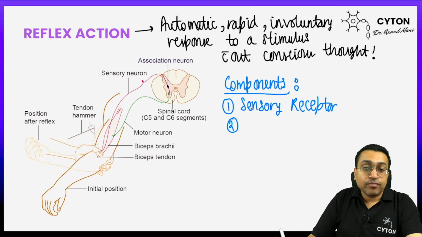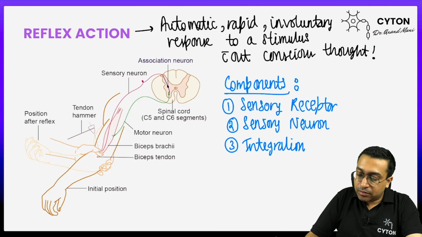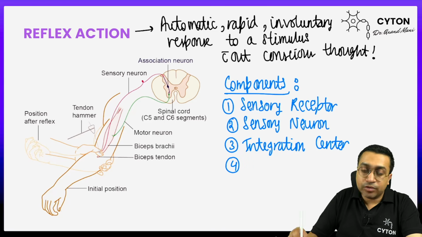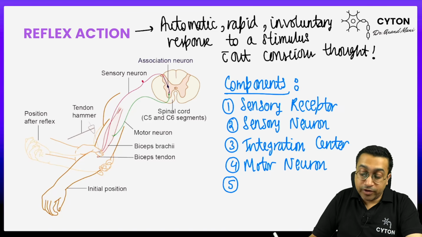Number two, we have the sensory neuron. Number three, we have the integration center. Number four, we have the motor neurons. Number five, we have the effector organ.